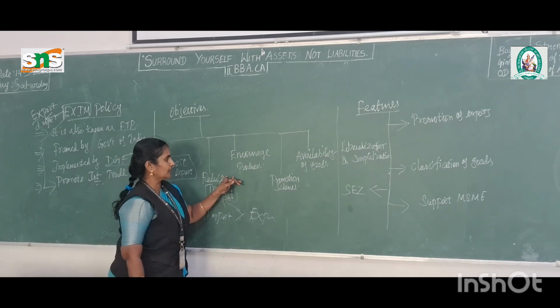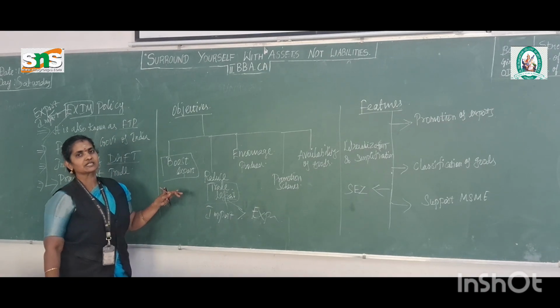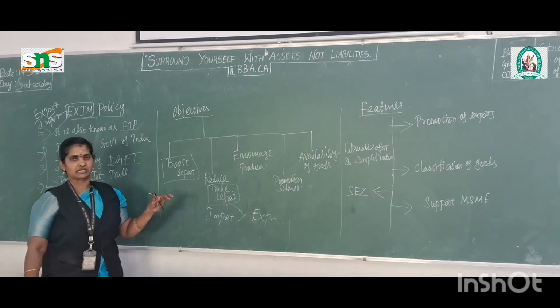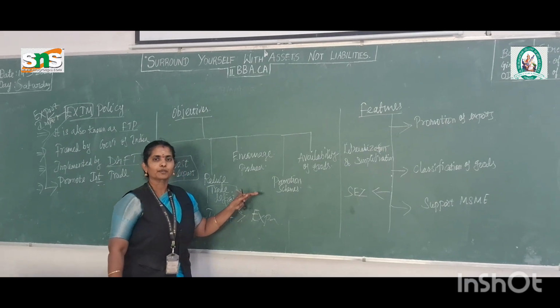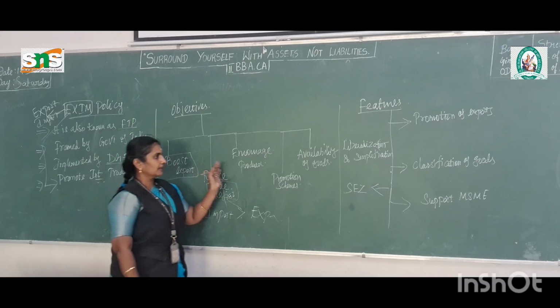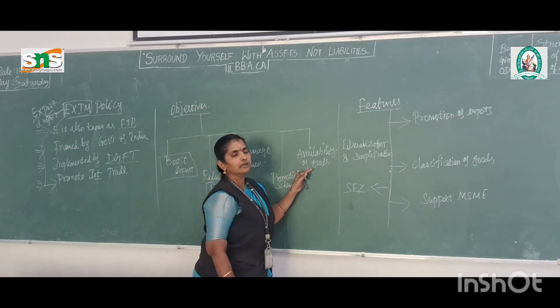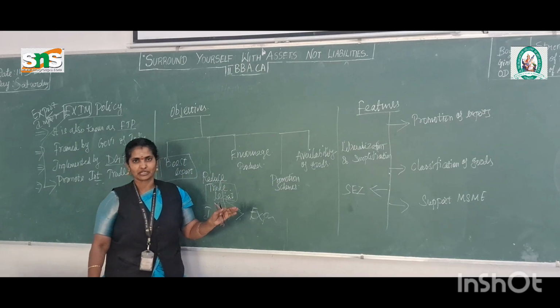The third one is to encourage the producers involved in domestic countries. The fourth one is to improve the promotional schemes based on the EXIM policy. The final and foremost objective is the availability of essential goods.